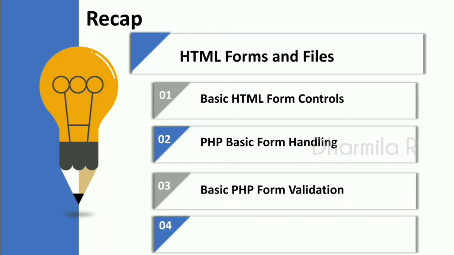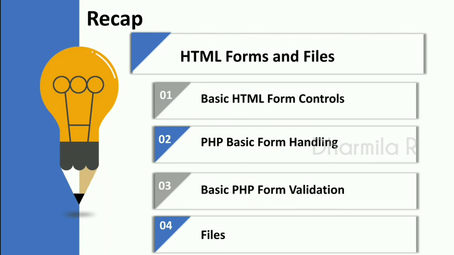And basic PHP form validation. Yes, we have two types of form validation. One is client-side form validation and the other one is server-side validation. And finally, you have learnt about files. So here we have the file handling system to open a file, to write to a file, to read a file, and to close a file. All this you have learnt in this lesson.